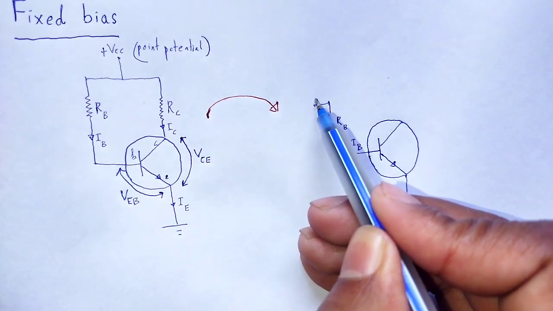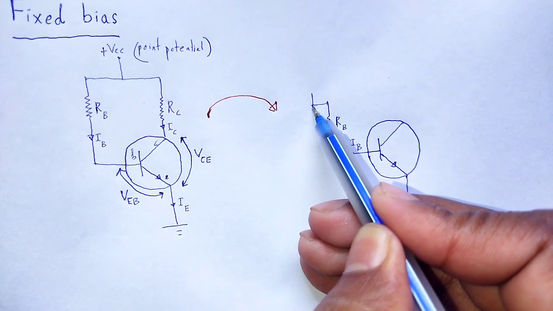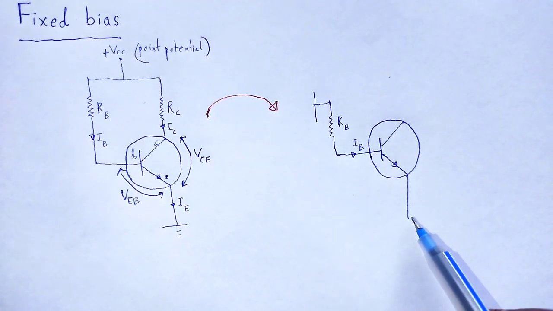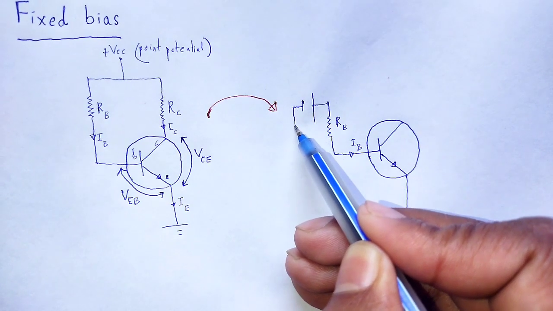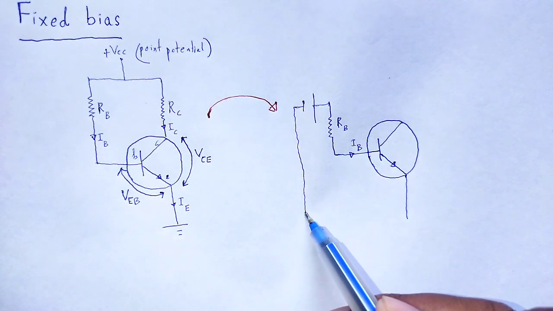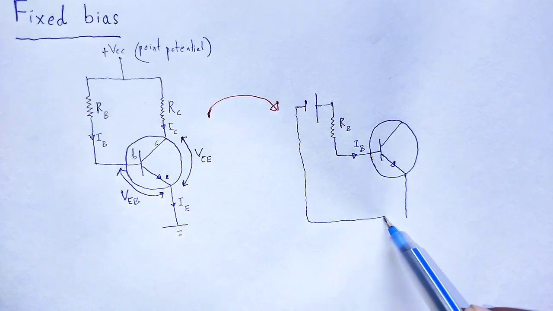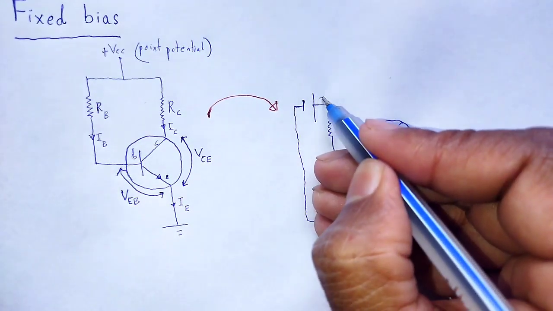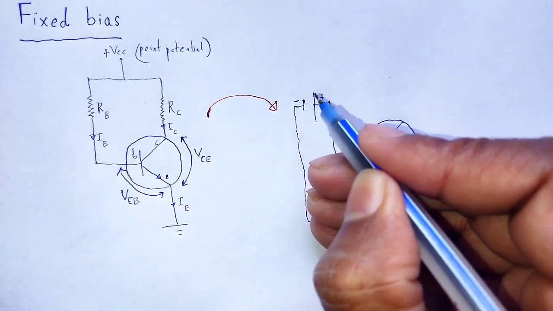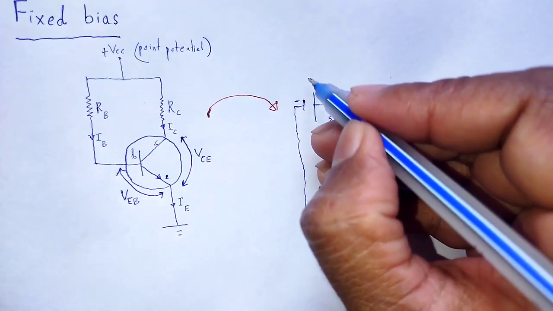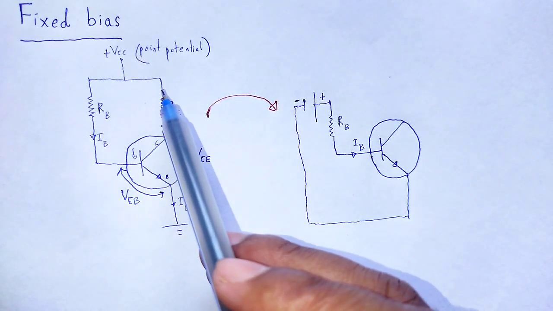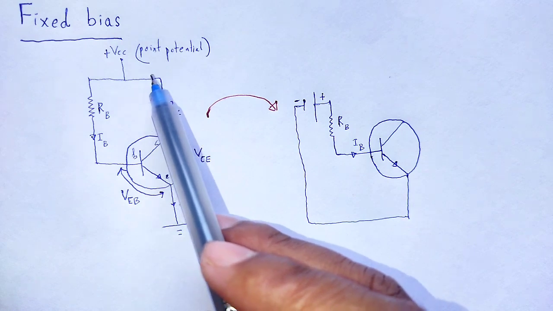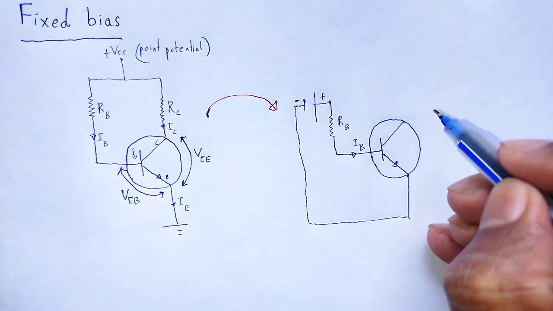This end is connected to positive, that end is connected to negative. Okay, that is VCC. Similarly, that end is also positive, this end negative.